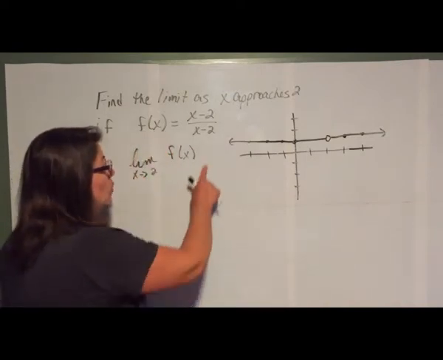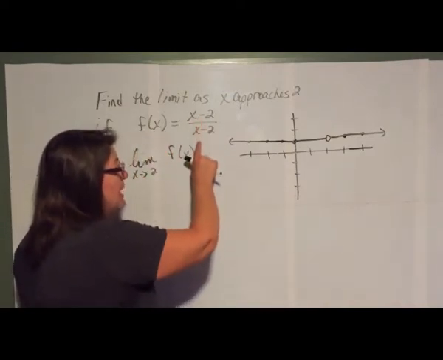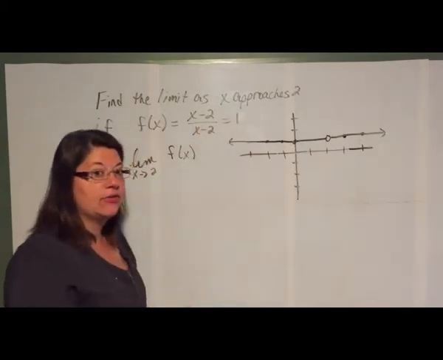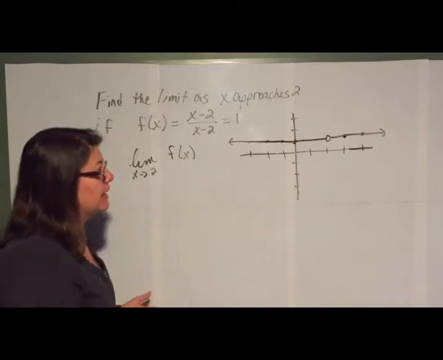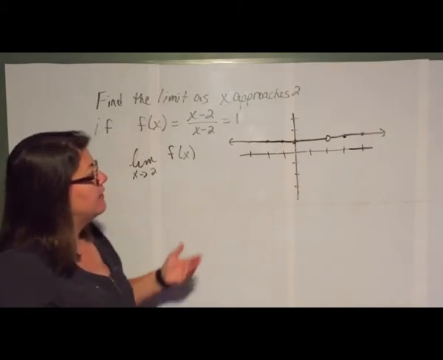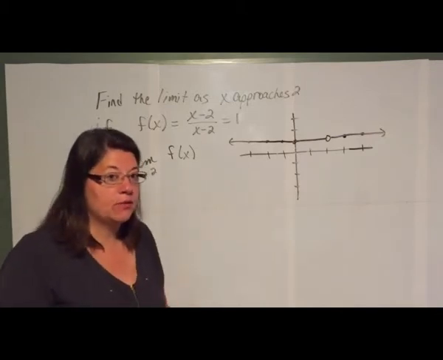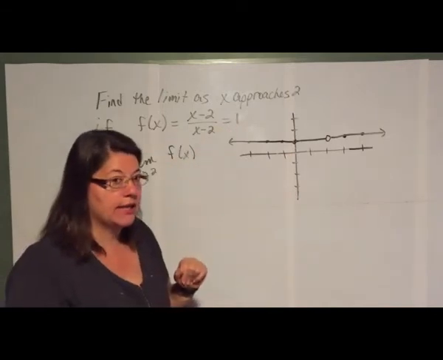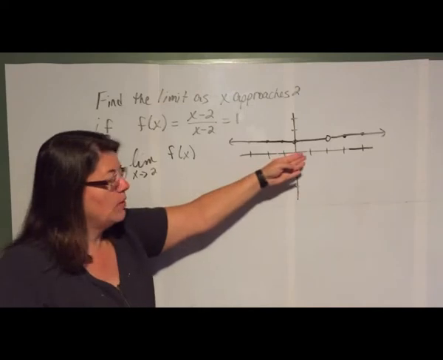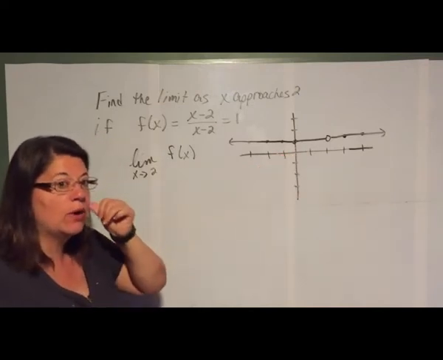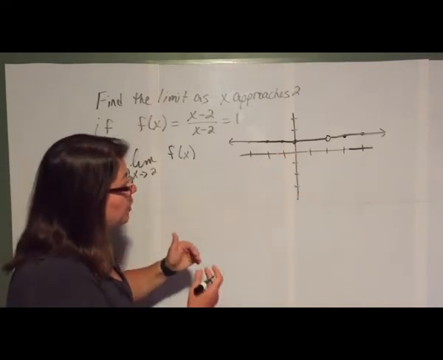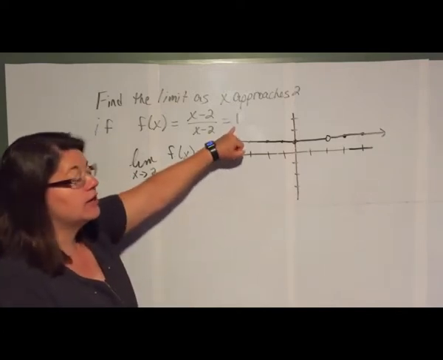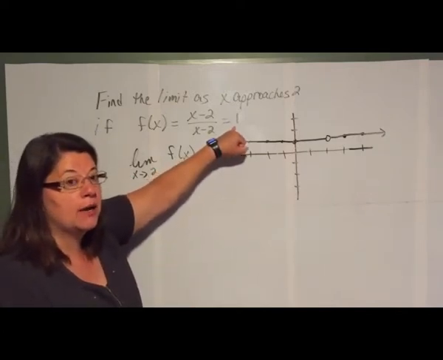So in fact, when we canceled these two things out and got them to equal 1, that is the limit. And you'll find later in this chapter that that is one of our limit properties. When we have a function equal to a whole number like that, the graph is always going to look similar to this in some way. And as we approach that hole in the graph from both sides, the answer is in fact going to just be that whole number that we ended up with.